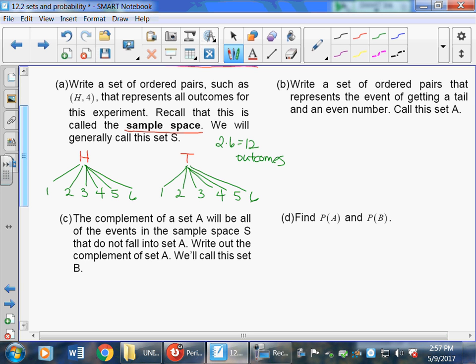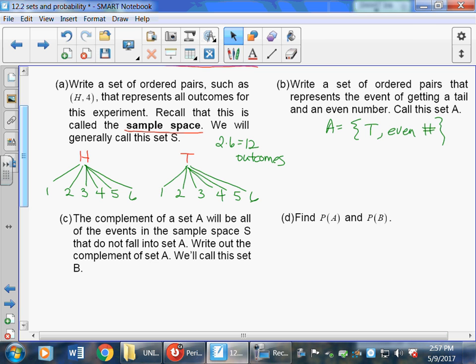B says, write a set of ordered pairs that represent the event of getting a tail and an even number. Call this set A. So set A is going to be basically a tail and an even number. Which of these has that situation?